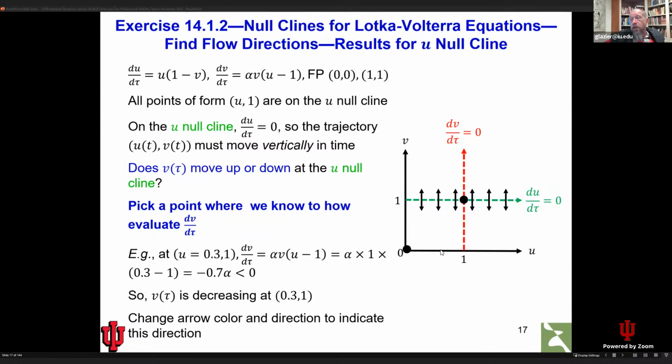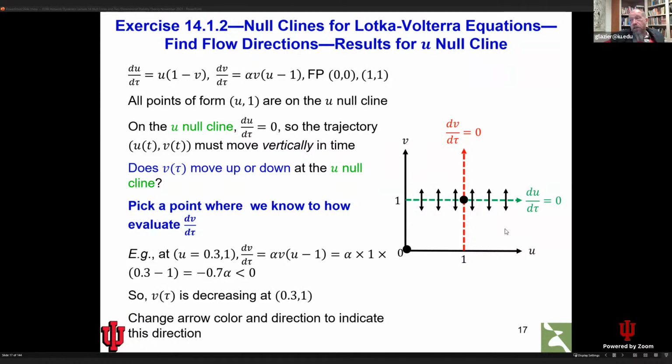So at 0.3, 1, which is over here, V is decreasing. So the line points downward here. And once I know it's downward there, then I can go and do all of the other directions.